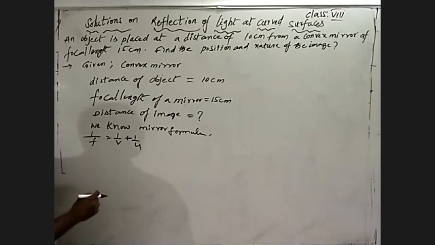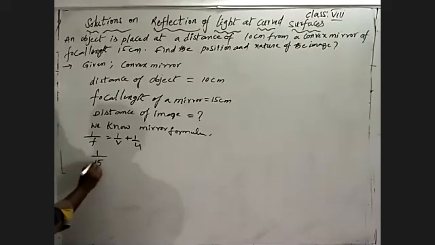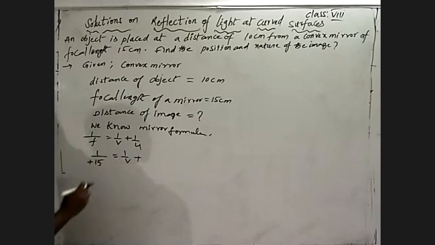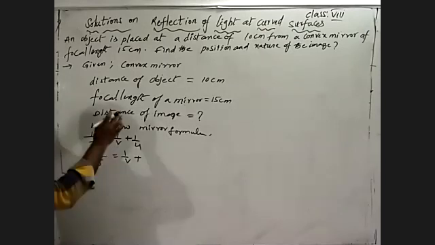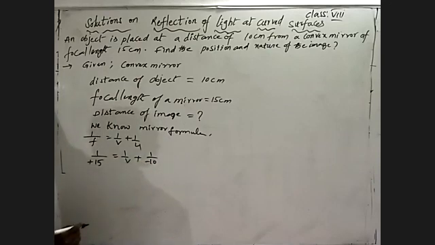According to the sign convention for a convex mirror, the focal length is positive: 15 centimeter. For 1 by v, we are going to find the image distance, so we should not apply a sign there. The object distance is 10 centimeter, and it is always negative for any mirror or lens.